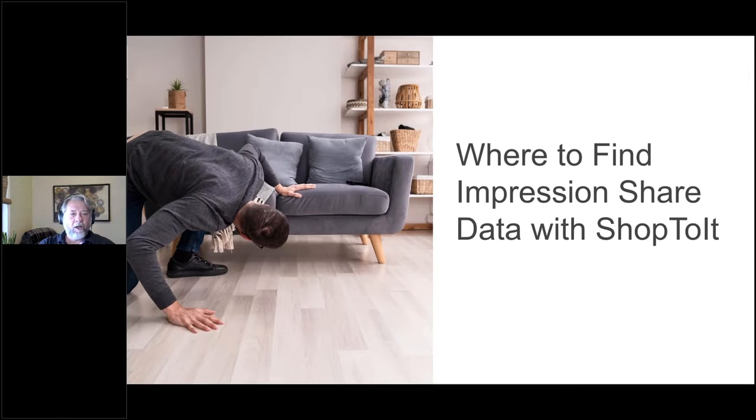Okay, so what is impression share and where do we find it? Impression share, as I mentioned earlier, is the percentage of time the ad showed up relative to the percentage of time it could have shown up. So think, I am a pizza place in North New Jersey. I'm targeting North New Jersey. Someone types in, where can I find a pepperoni pizza in North New Jersey, which is geo-targeted.